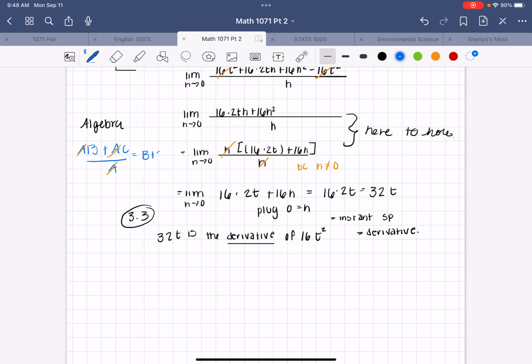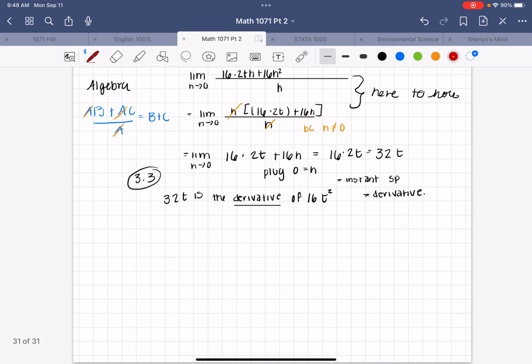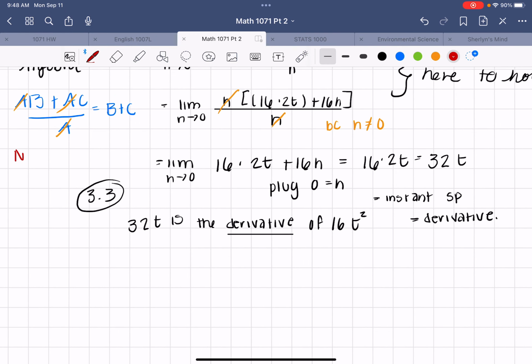I grabbed my red pen. People only cancel the first A. Same problem, but they cancel this A with that A, leaving that one. And so that's not right.